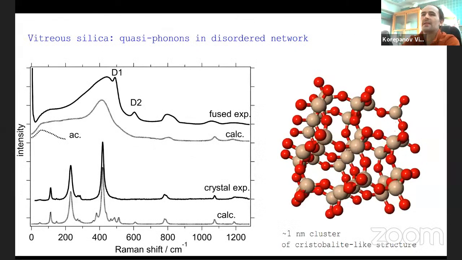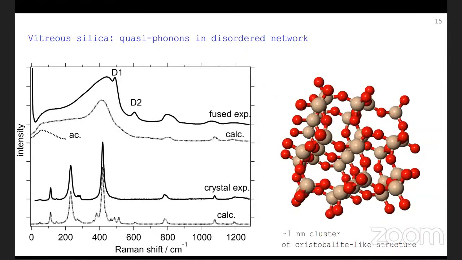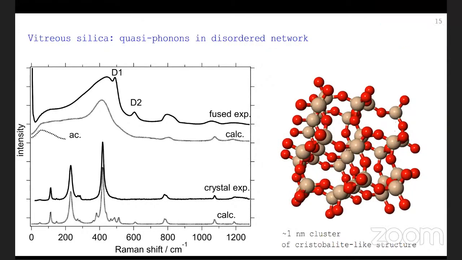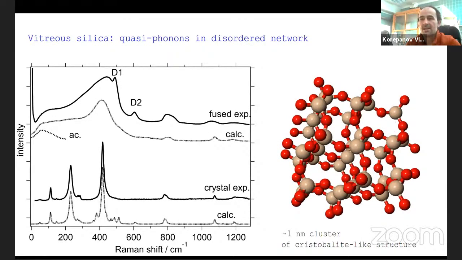And one more thing to which we can apply this kind of model is disordered networks. It is not exactly nanoparticles. It is something like localized vibrations, in this case in silica, in vitreous silica, fused silica.